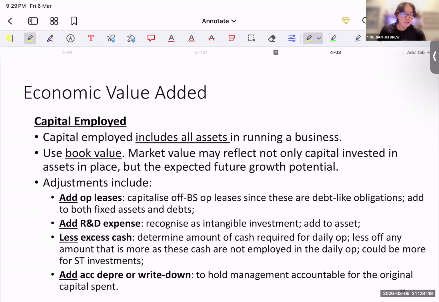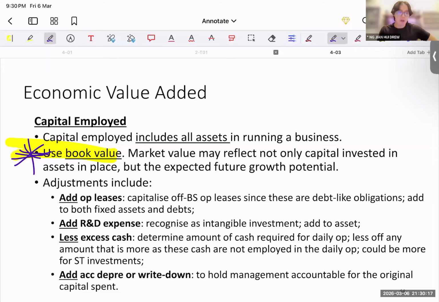And so we must use the book value. Which is why in the example just now, we use the book value for capital employed, but for WACC, we need to use market value. So this is a very important point. In case you use economic value added, please use book value for your capital employed, but for your WACC, you must use market value, right?